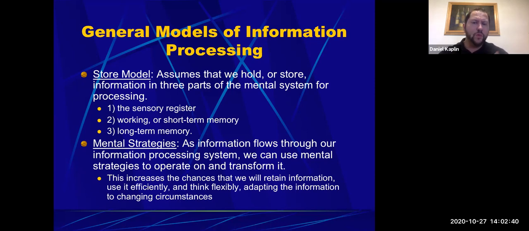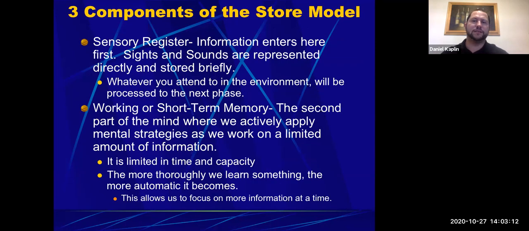We also talk about mental strategies: as information flows through our information processing system, we use mental strategies to transform it. Things like mnemonic devices will help you bring things from short-term memory to long-term memory. Things like hierarchies and chunking will also help you bring things from short-term memory to long-term memory.